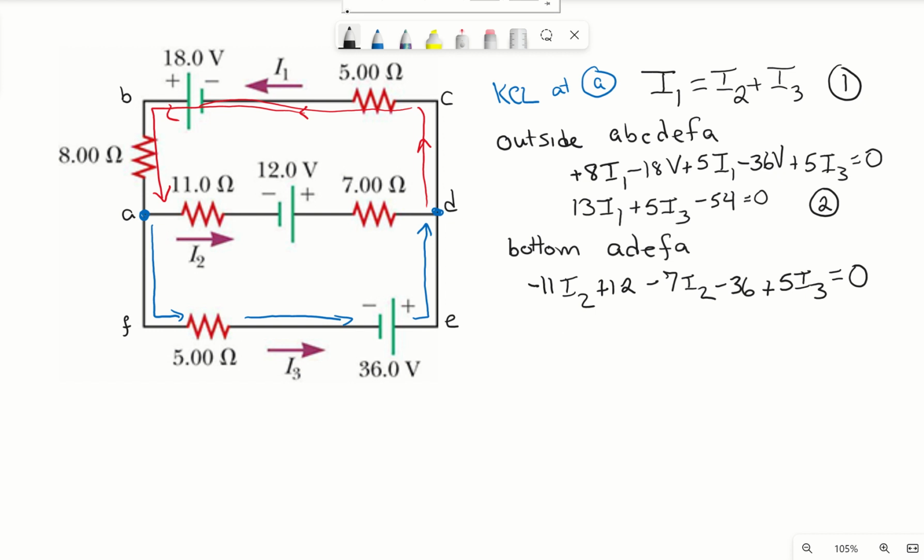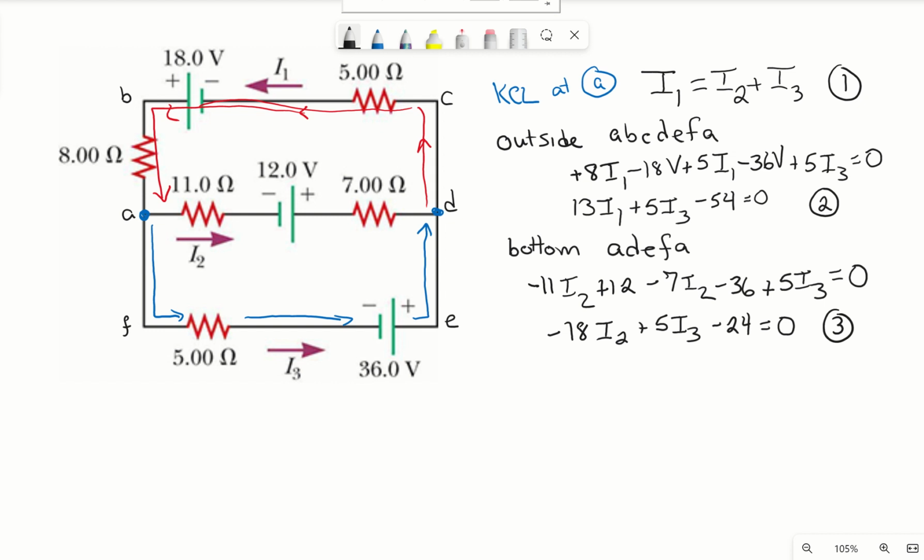Combine the terms, so I've got minus 11 and minus 7 I2, so it's minus 18 I2 plus 5 I3. And then I've got 12 minus 36, so that's minus 24, equals 0. And that's my equation 3.